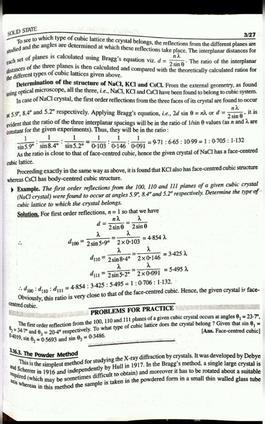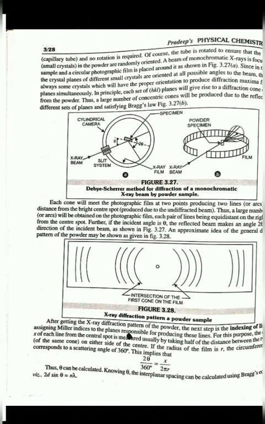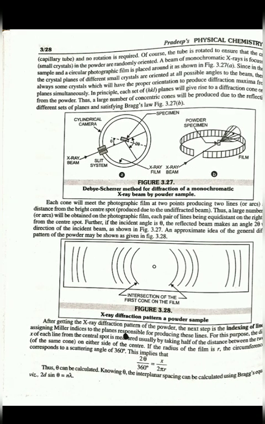In Bragg's method, a single large crystal is required, which may sometimes be difficult to obtain, and moreover it has to be rotated about a suitable axis, whereas in this method the sample is taken in powdered form in a small thin-walled glass capillary tube, and no rotation is required. Of course, the tube is rotated to ensure that the crystallites, small crystals in the powder, are randomly oriented.